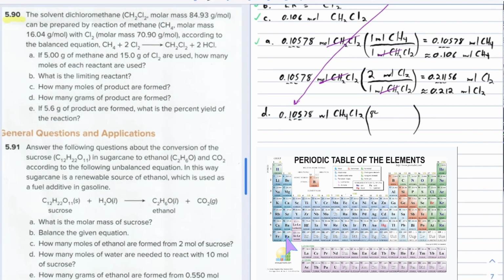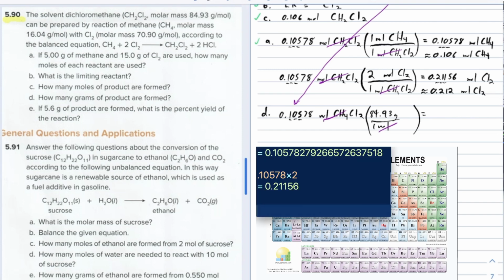84.93 grams for every 1 mole. And so that's going to cancel the mole units. We'll be left with grams. Doing the calculation, 0.10578 times 84.93.